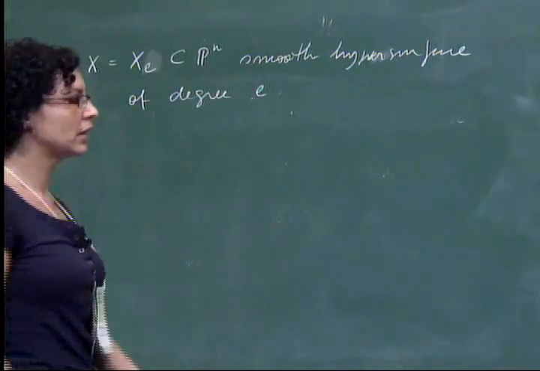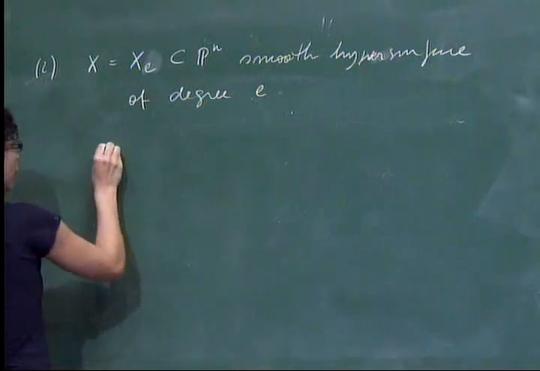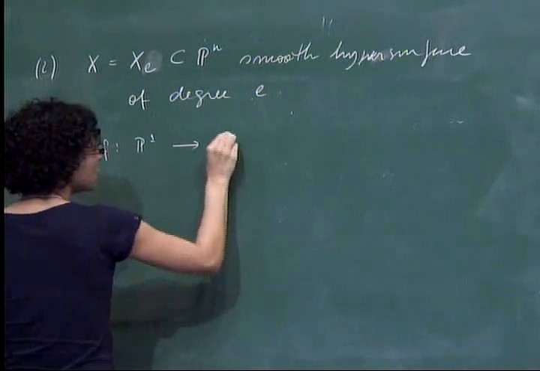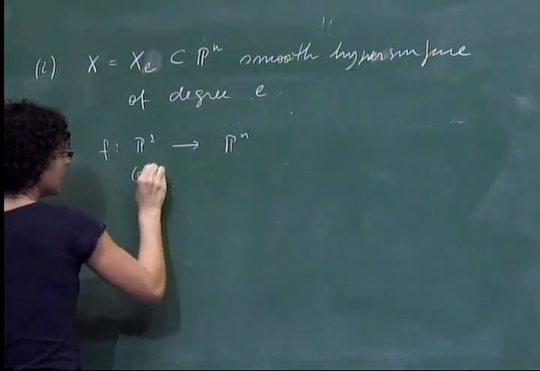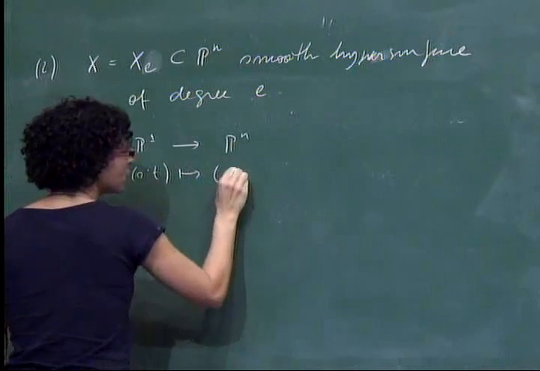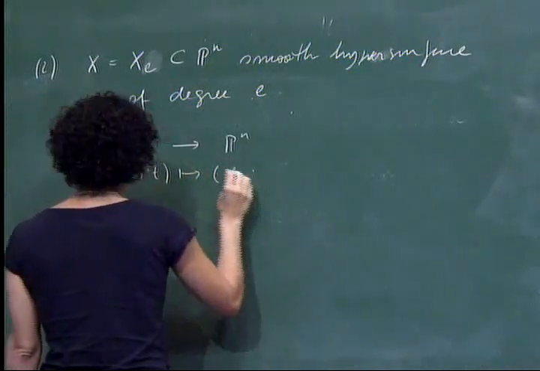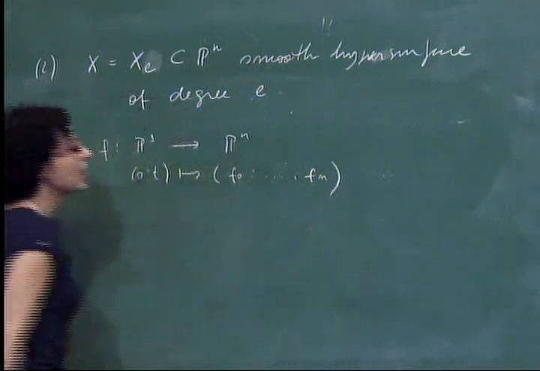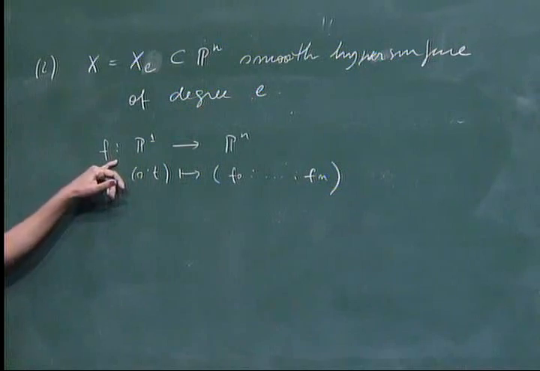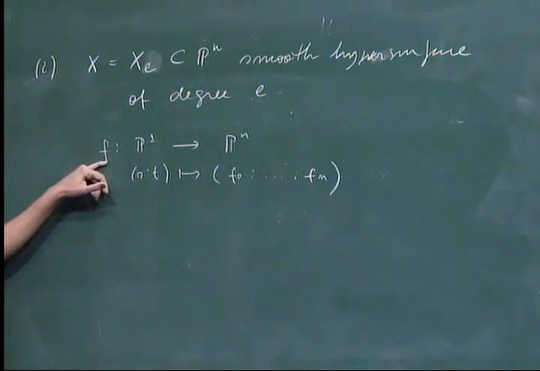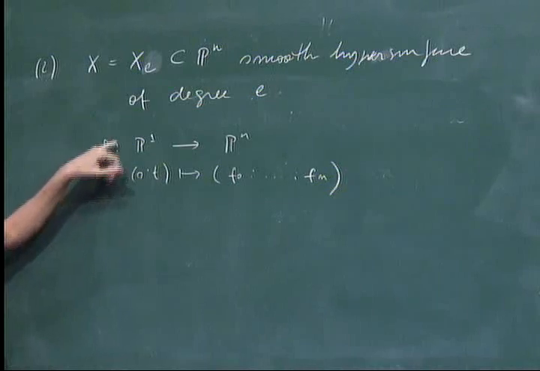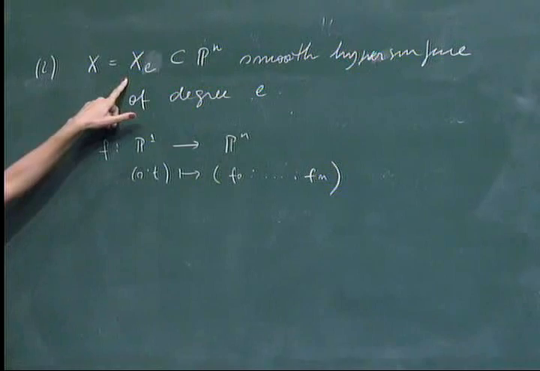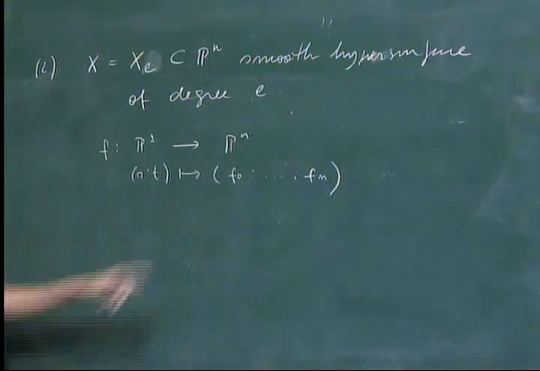Then again, we have a morphism as before from P1 to Pn, which is given by n plus 1 forms of the same degree, say d. And we want to require that this morphism has its image entirely contained in this hypersurface.